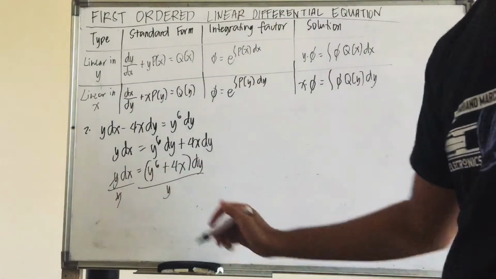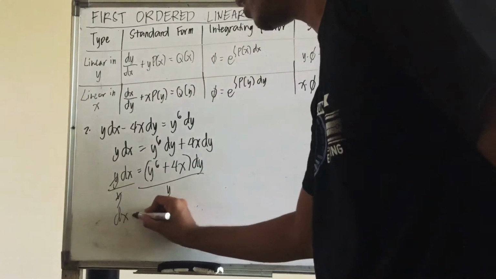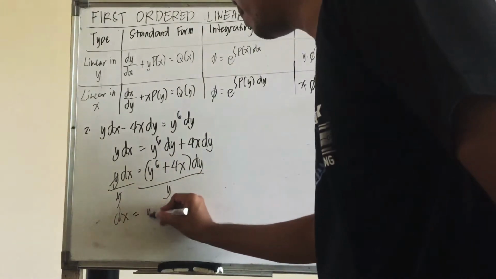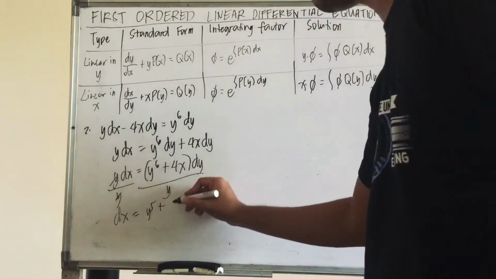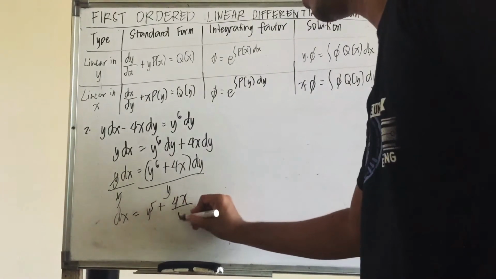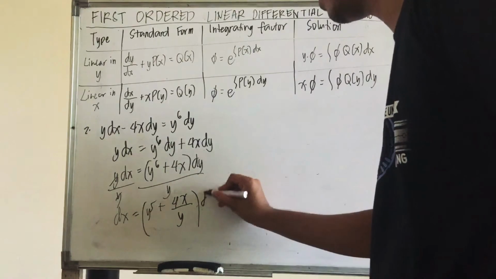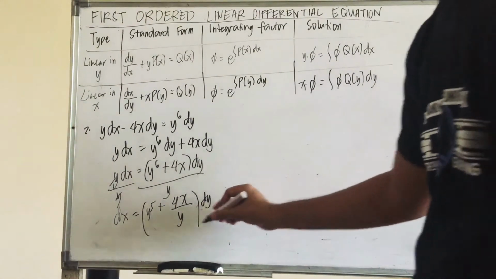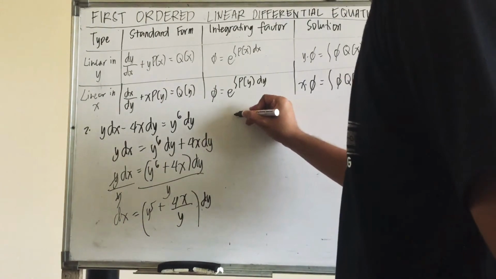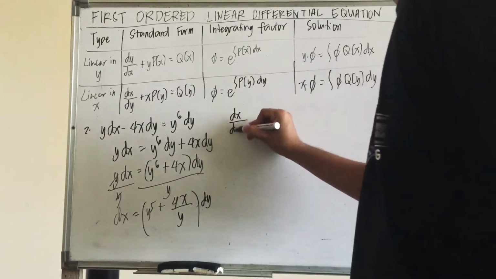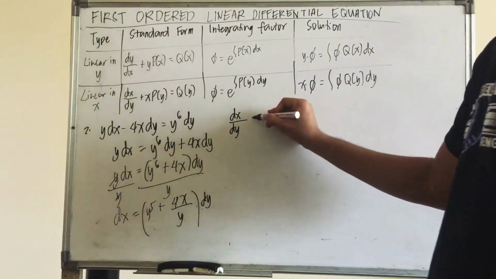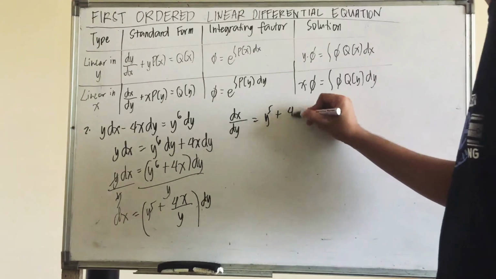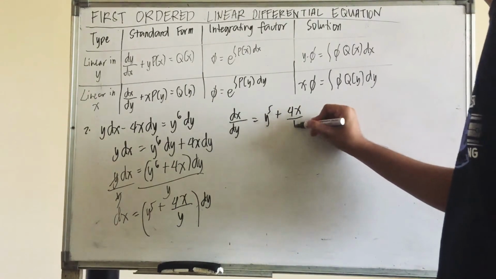Cancel out, so dx equals y raised to 6 over y, which is y raised to 5, plus 4x over y, quantity dy. And divide both sides by dy. So we have dx over dy equals y raised to 5 plus 4x over y.